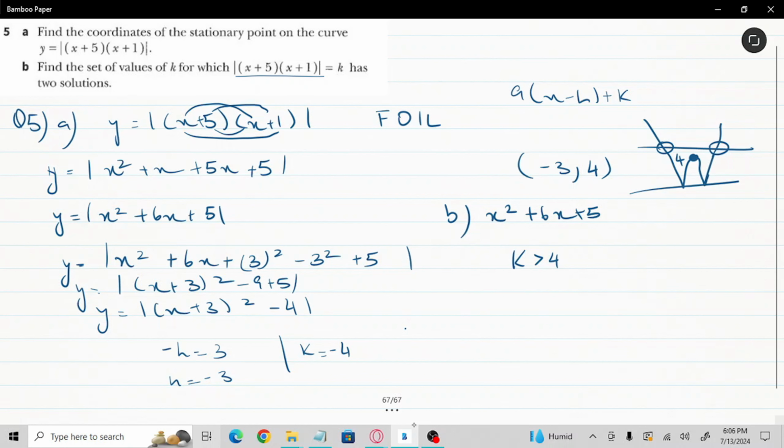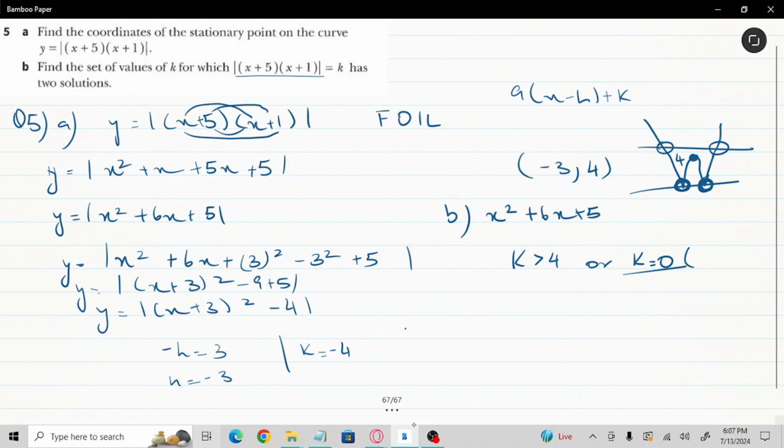Another point is when k equals 0, or you can say the y value equals 0, there are going to be two intersection points. So again, yes, we can say or k equals 0. So that's it. We are going to say that either k is greater than 4 because it passes the maximum point, then it would have two points, or k equals 0.